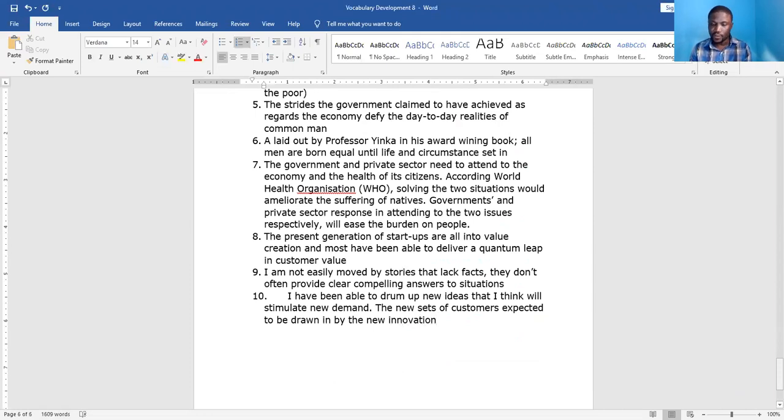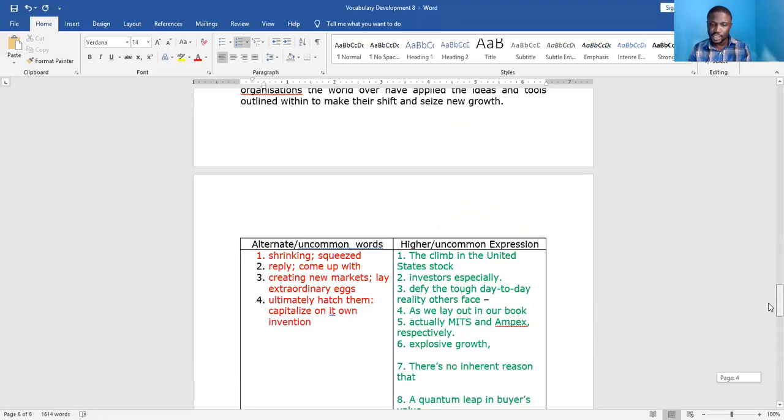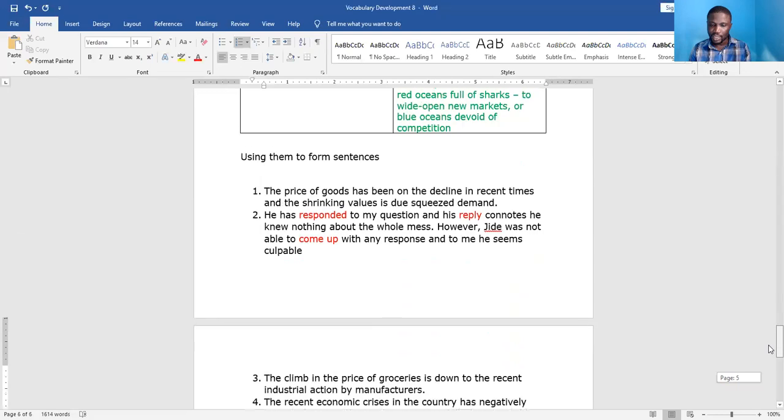The new set of customers are expected to be drawn in by the new innovation because new markets, because inventions creates new markets. Okay, I've been able to find a way of using create new market.